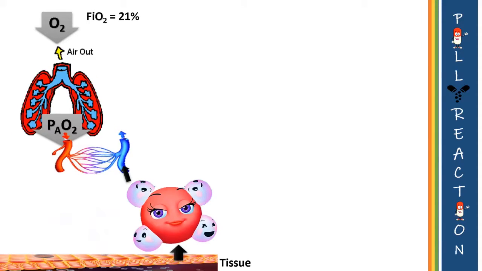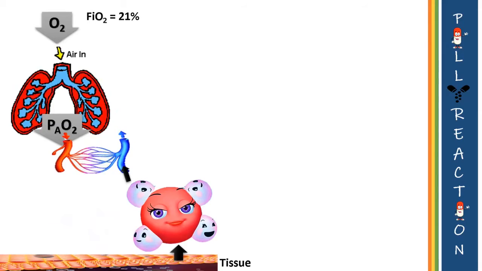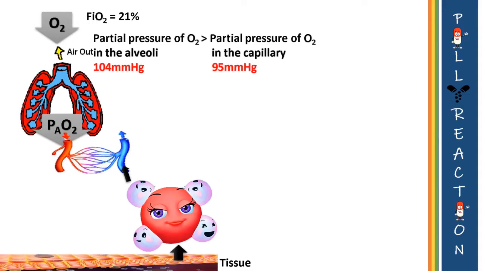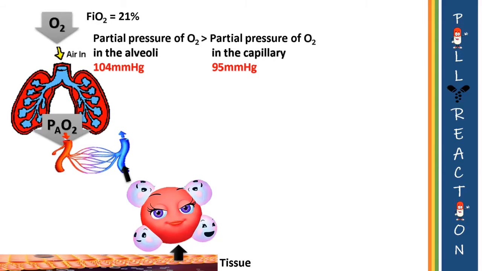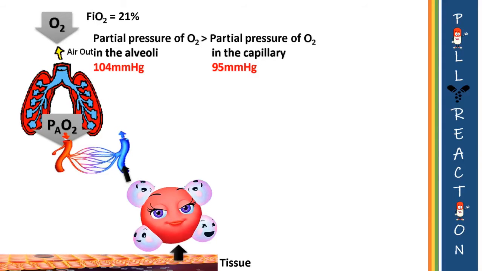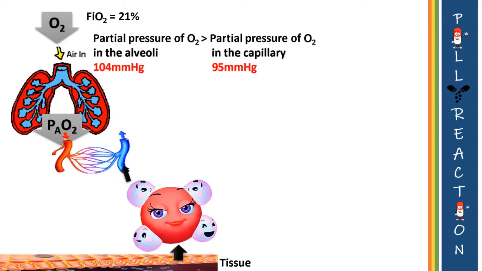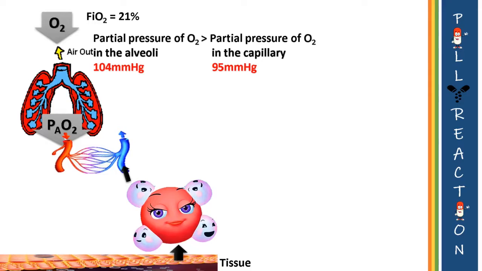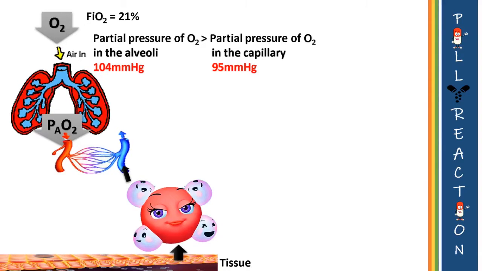Now, when air reaches the lungs via a pressure gradient called alveolar partial pressure, so that air can easily move into lungs from high pressure to low pressure, which is usually 104 millimeters of mercury. Now, for the exchange of oxygen from alveoli to arterial blood, we require our arterial blood to have a lower partial pressure, right? So as to maintain a pressure gradient, that is 95 millimeters of mercury.